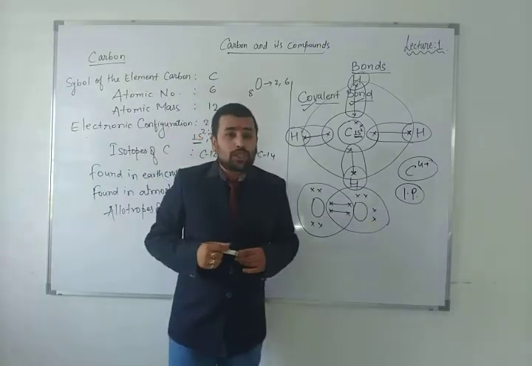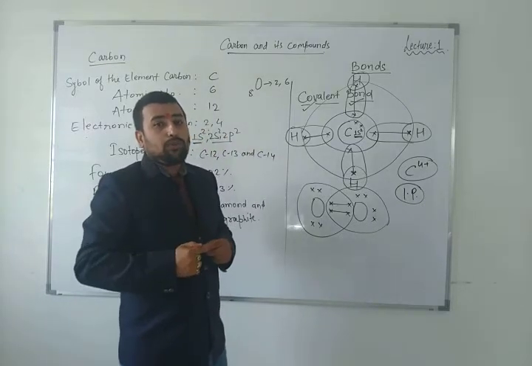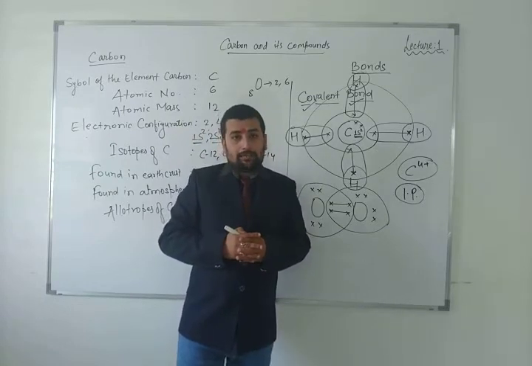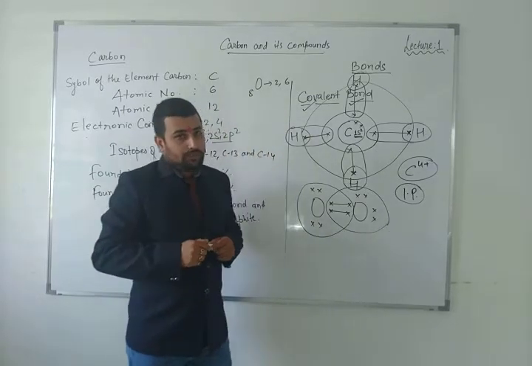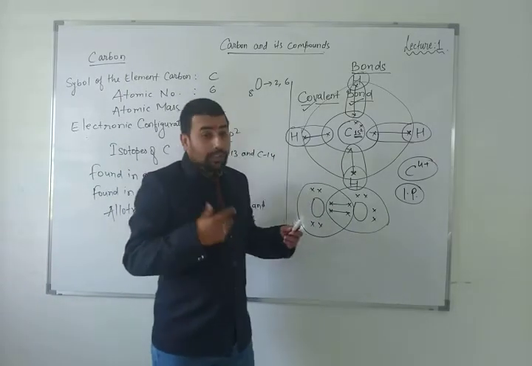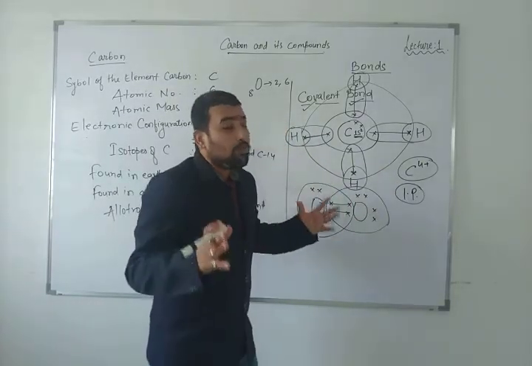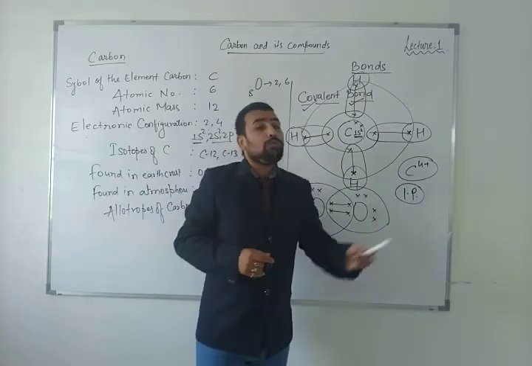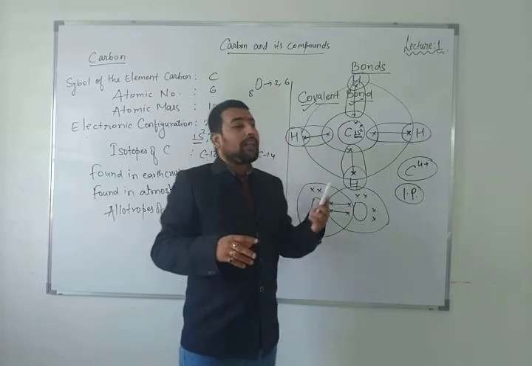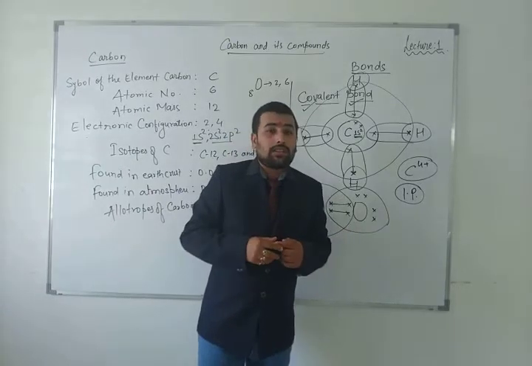IP means ionization potential. The minimum energy required to remove one electron from an isolated gaseous atom is called ionization potential. But in the case of C4 plus, you will require much more energy, because it will have 6 protons and only 2 electrons in the outermost shell.